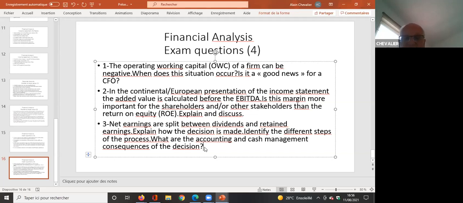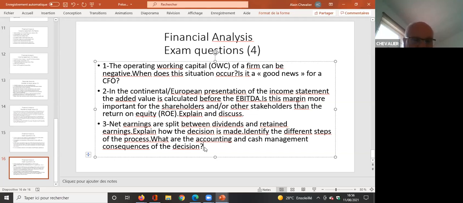So, in that kind of answer, an analysis should not be only short term, and you have to take into account the decision over time. You have to take into account the relations with shareholders in the stock market.